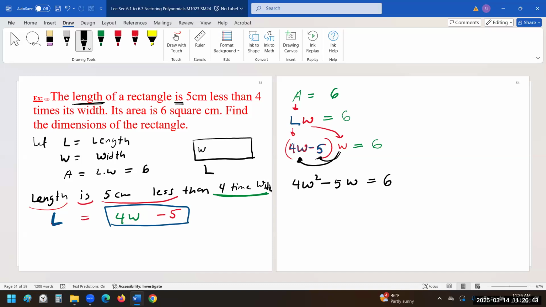And we do know how to solve quadratic equation, right? But what is our condition to solve quadratic equation? What must we have on one side? 0. Do we have 0 on one side? What can we do to see the 0? Minus 6 from both sides of the equal sign. So we have 4W squared minus 5W minus 6 equals 0. Think of W as x. We have 4x squared minus 5x minus 6. They're the same expression.